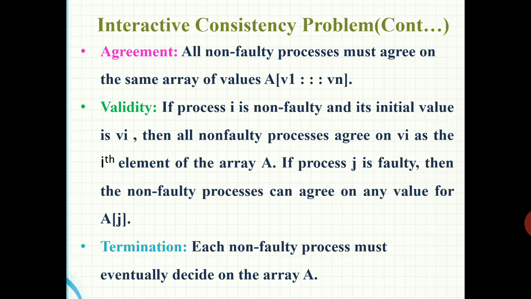That is the difference. In the case of the Byzantine, consensus and interactive consistency problems, all non-faulty processes must reach an agreement. But in the case of the Byzantine and consensus problems, agreement is on a single value, but in the interactive consistency problem, agreement is on a set of common values.